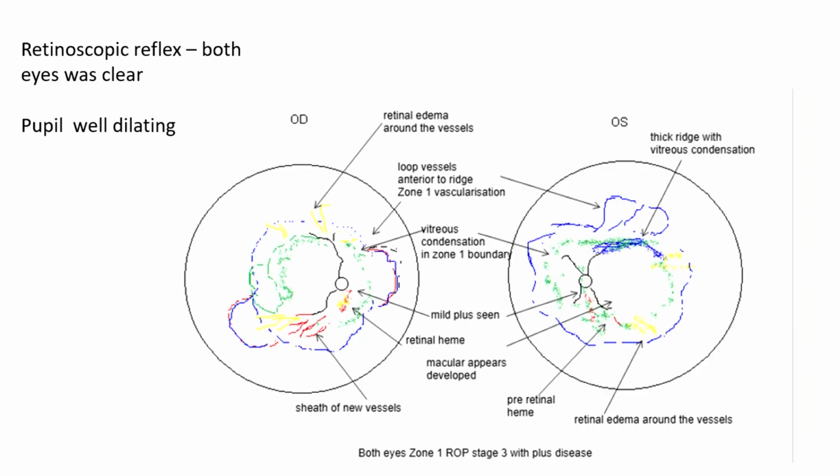Fundus examination showed severe dilation and tortuosity of the blood vessels in the posterior pole, with retinal heme seen inferiorly in both eyes, along with a ridge with neovascularization into the vitreous in zone 1. Hence, a diagnosis of zone 1 ROP stage 3 with plus disease was made.